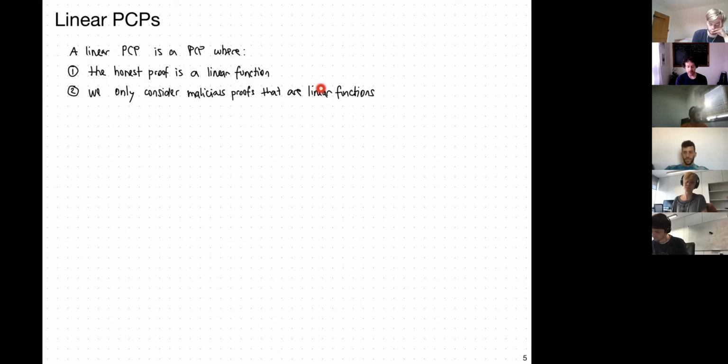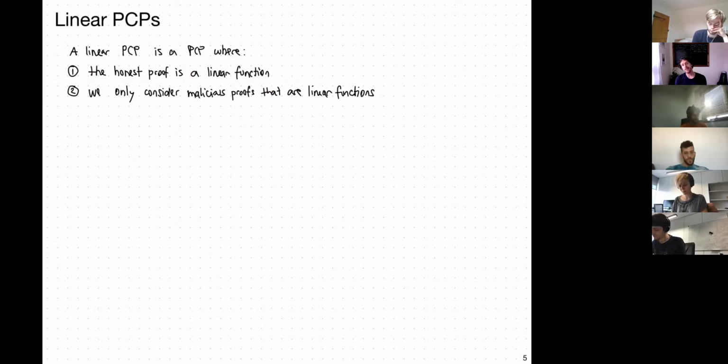And the second is that, on the soundness side, even if we need to deal with cheating provers, we can assume that they only send linear functions. Later we'll use linearity testing to enforce that, but for now, we take it for granted. And that's a linear PCP.